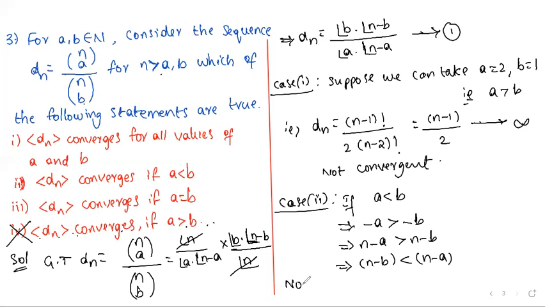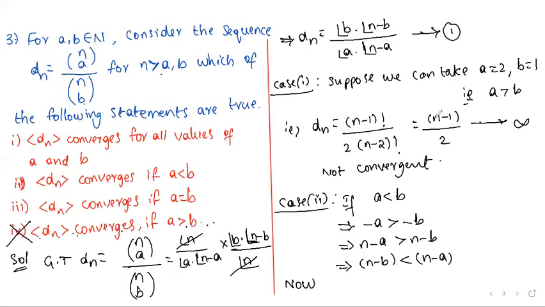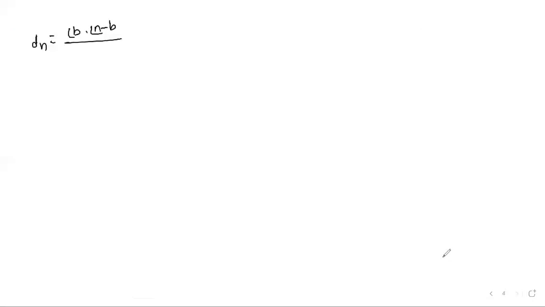Now, what is d_n? d_n is equal to b factorial into (n minus b) factorial by a factorial into (n minus a) factorial.